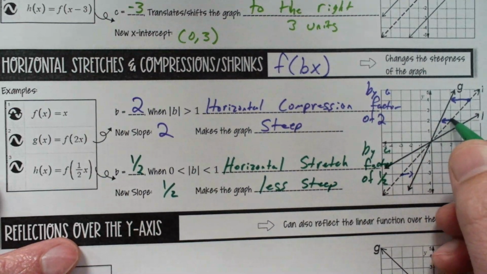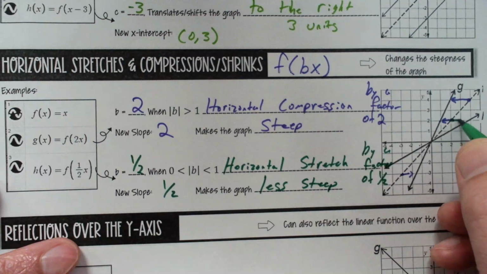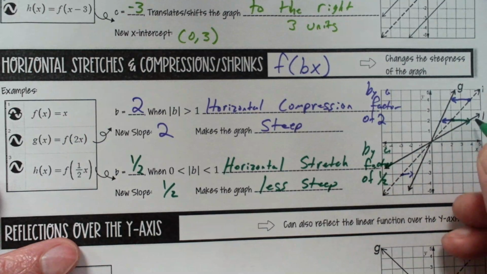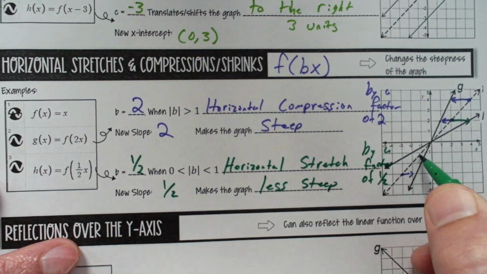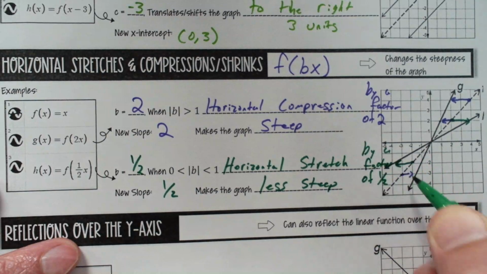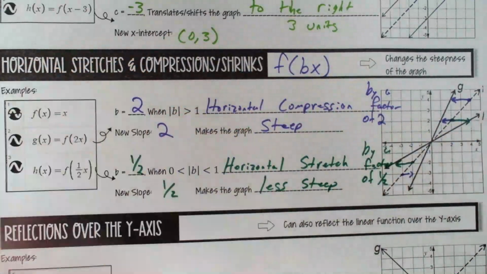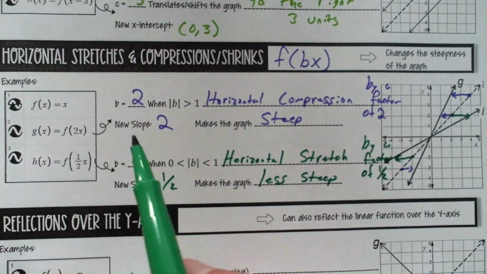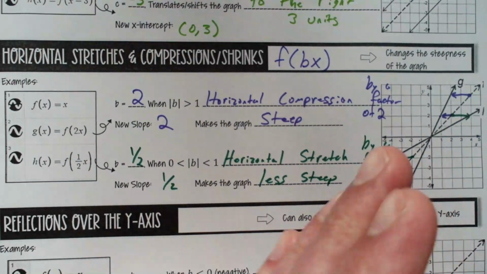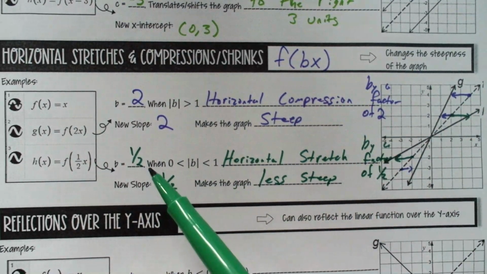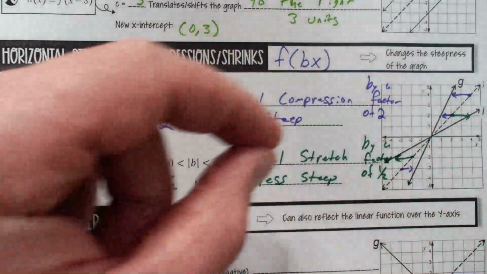Because what's happening here is it is being stretched this way horizontally, and it's being stretched this way. So they act in reverse. When we're multiplying by 2, it's compressing it, it's pushing it together. And when you're multiplying by 1/2, it's stretching it out.